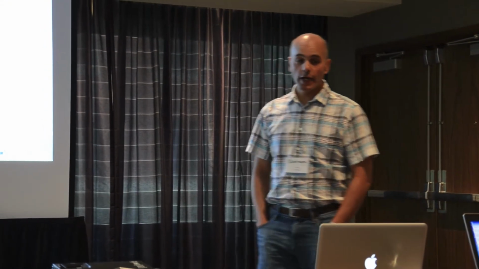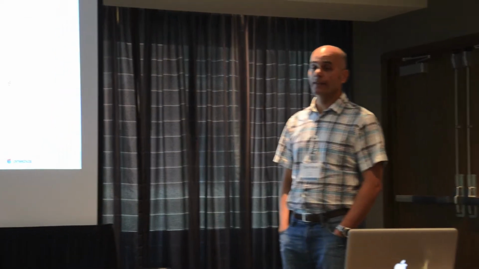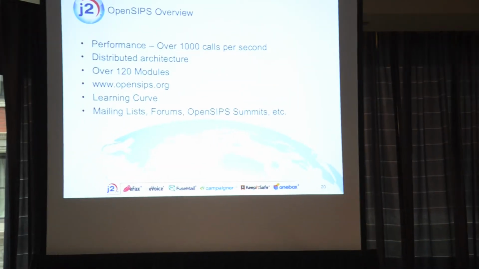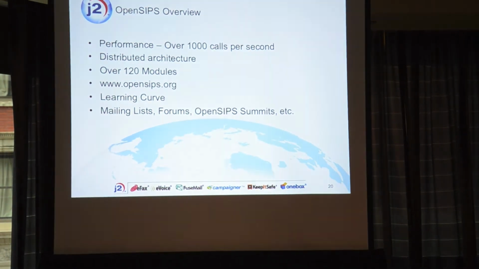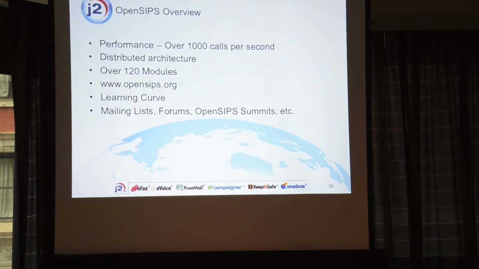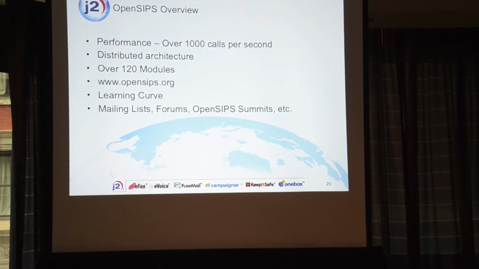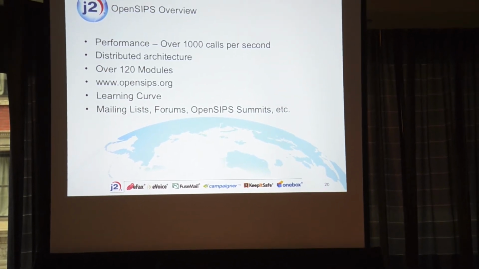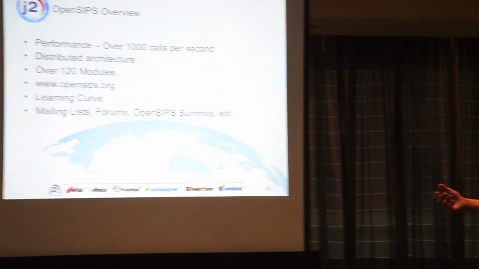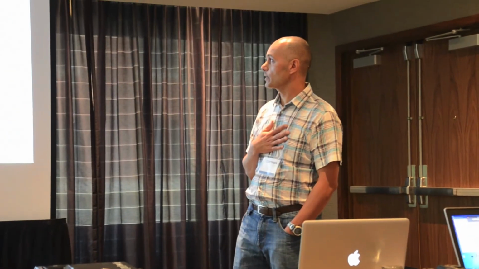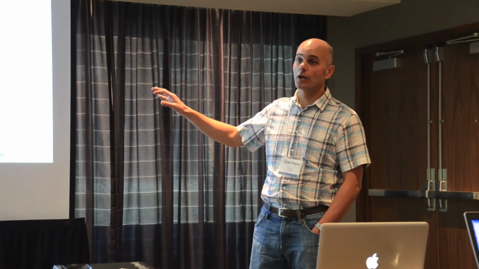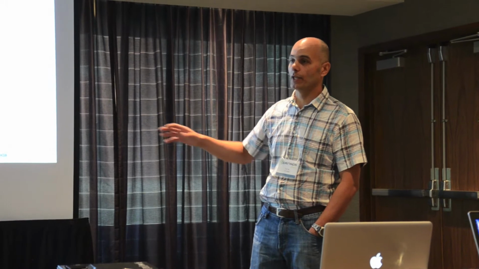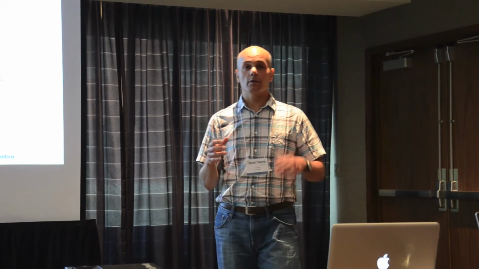Again, performance-wise, because OpenSIPS only handles signaling, it can handle lots of calls, and there are no licenses. As Bogdan mentioned, there is almost no limit on how many calls you can make. I did some testing myself, and this is using the dialog module. In proxy servers, there are two ways you can use them: stateless and stateful.